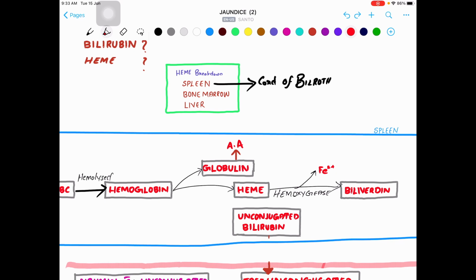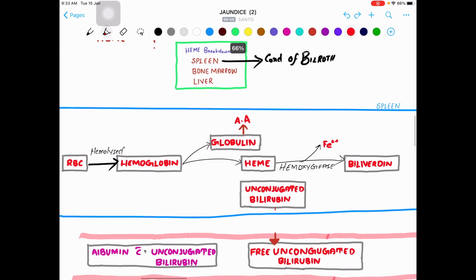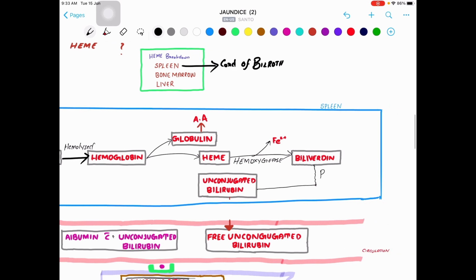The iron liberated from the heme is reutilized, like it can be stored as hemosiderin or it can be released into the blood. Now let's see what happens to biliverdin. Biliverdin will be now converted to unconjugated bilirubin by biliverdin reductase.